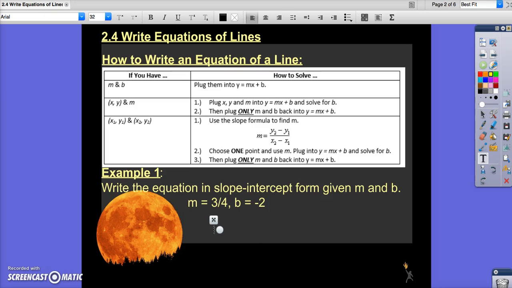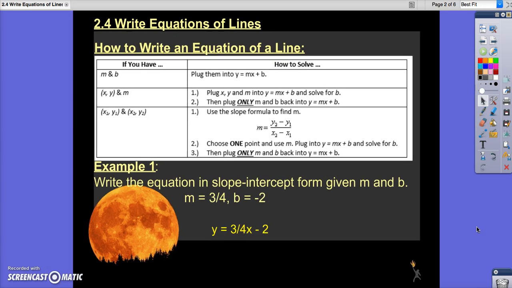So y equals 3/4 x minus 2. And yes, you will see ones that simple. That's my answer. Now, obviously, I can't give you a whole bunch of those where you're just plugging them in.